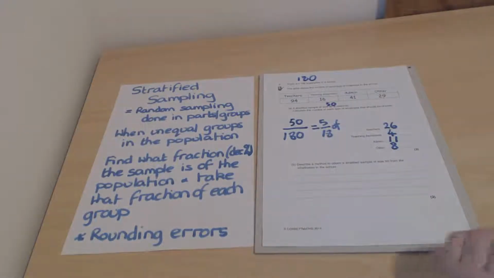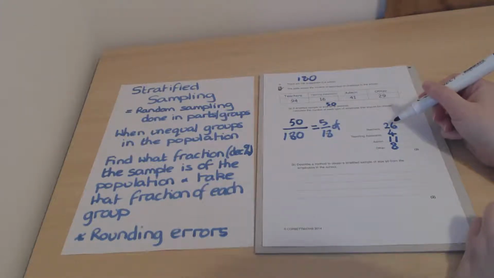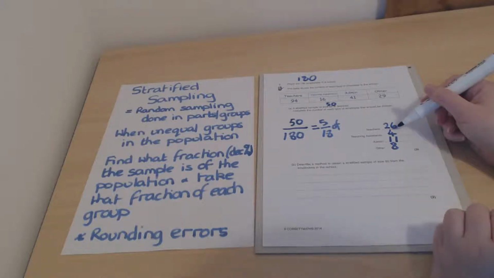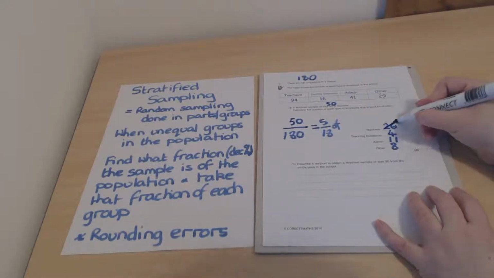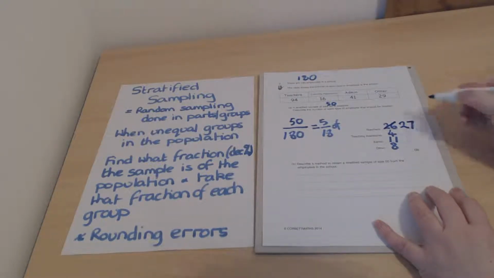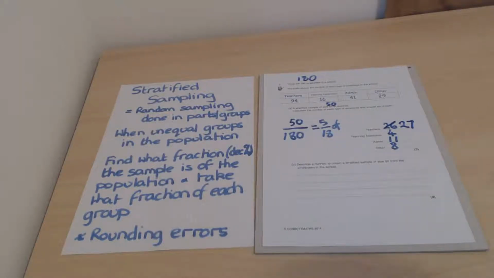Now what you do is you always adjust the one that's got the biggest number in it. The reason why you do the biggest number is because it will have the least impact. It won't make a significant change. In other words, 1 out of 26 is a much smaller amount than 1 out of 4, for example. So we're going to change the teachers to 27 so that we've got our full 50.